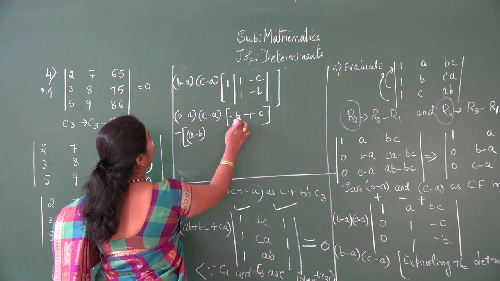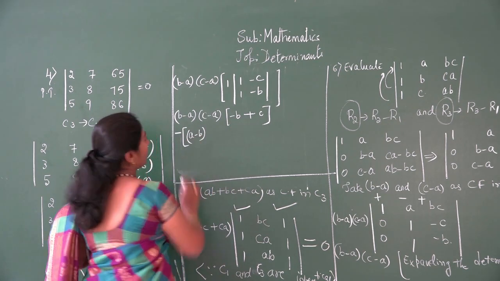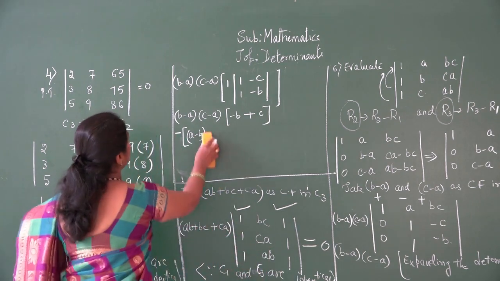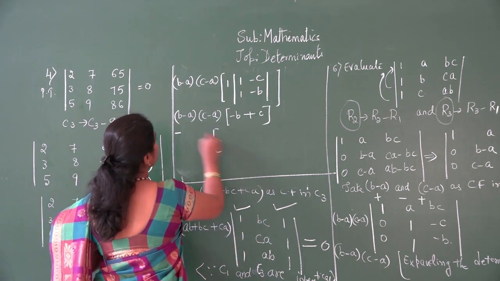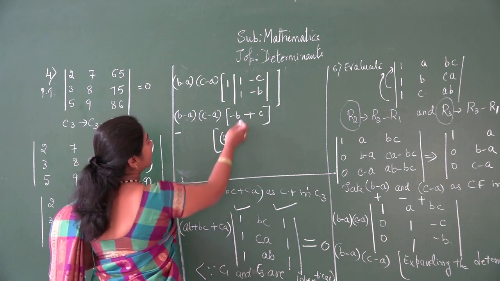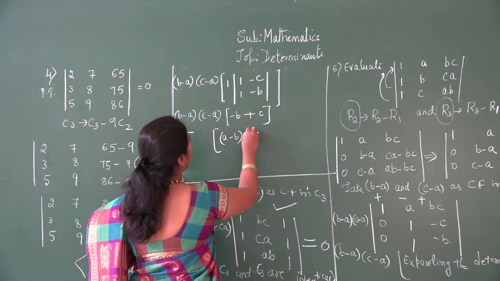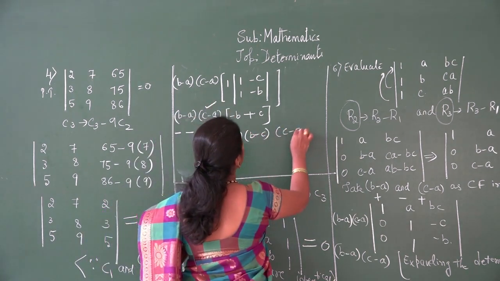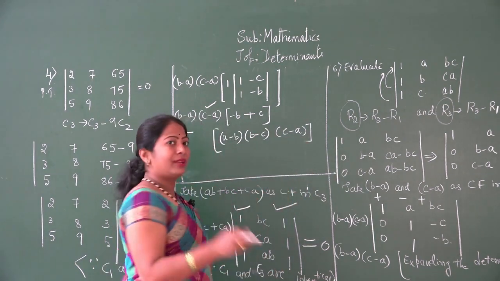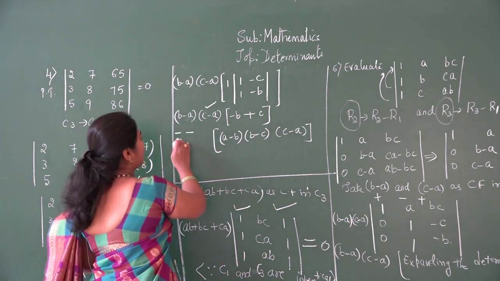Here if I take minus as common once again, in the first term, B minus A becomes A minus B. Similarly, in the second term, if I take minus as common, minus B plus C will become B minus C, and the third term remains as it is, that is C minus A, in order to get the cyclic form A minus B, B minus C, C minus A. What is minus into minus?